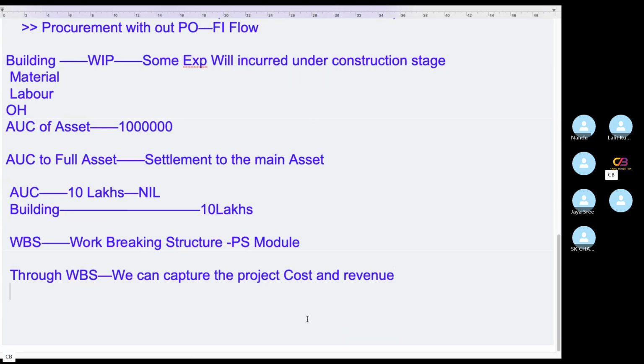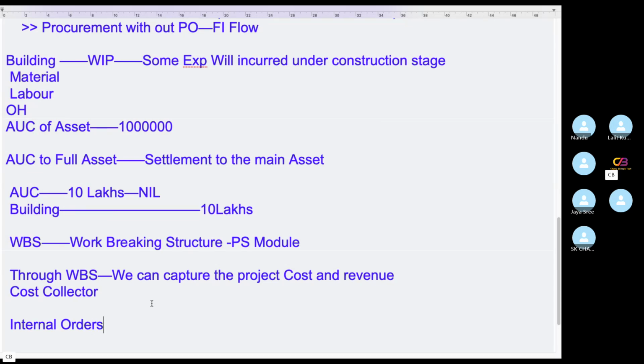Maximum we can say it's a cost collector. Generally AUC settlement will happen with the WBS or internal order. If it is a project related asset, then settlement will happen with the WBS, and the cost should be captured in the WBS. In the second case, settlement happens through internal orders.